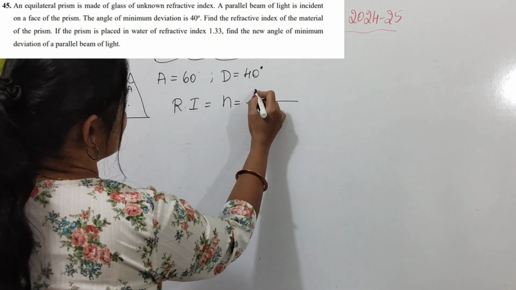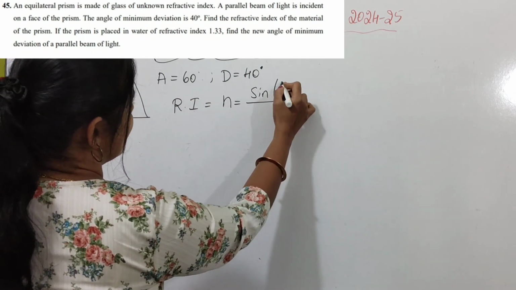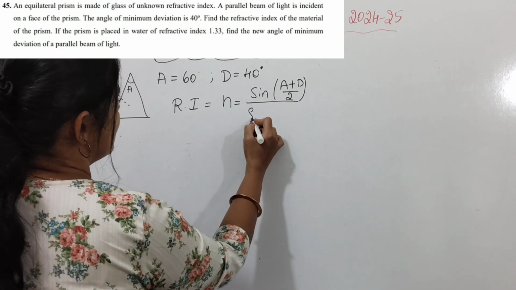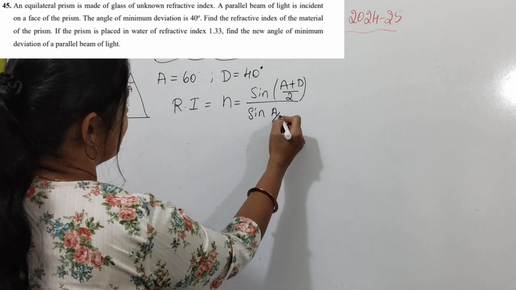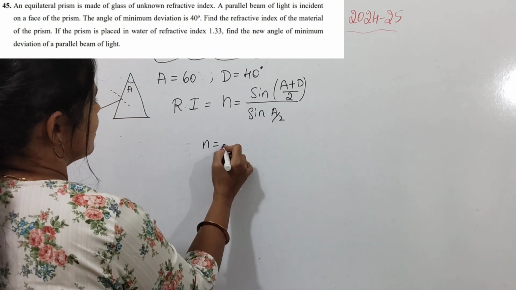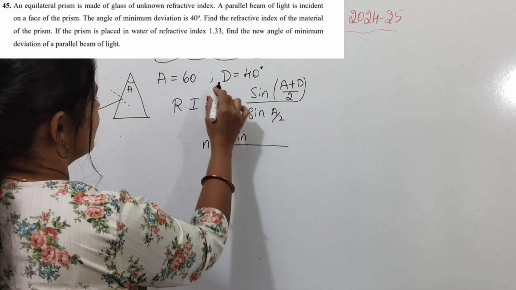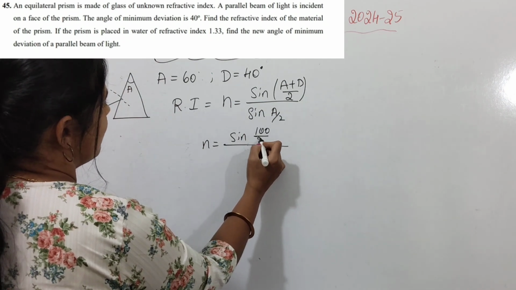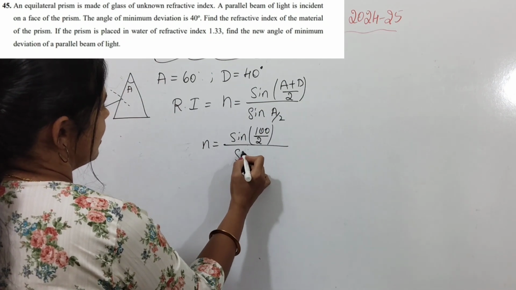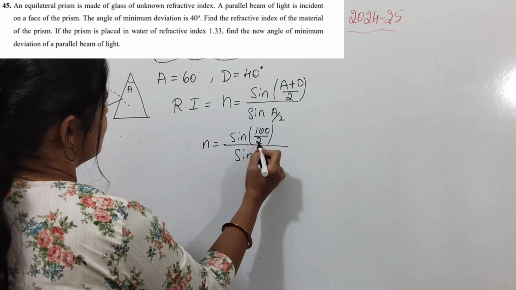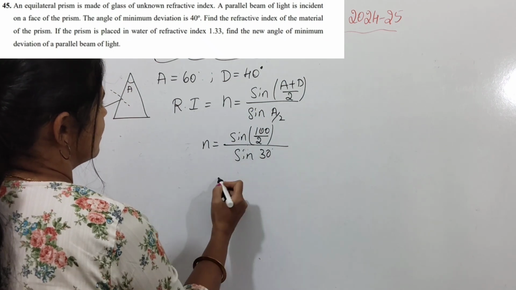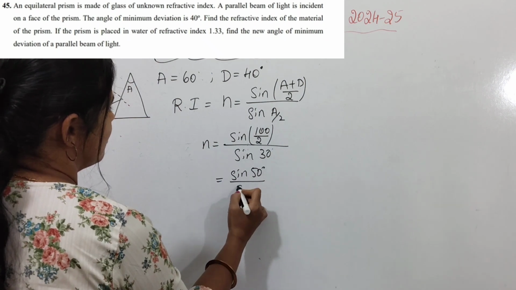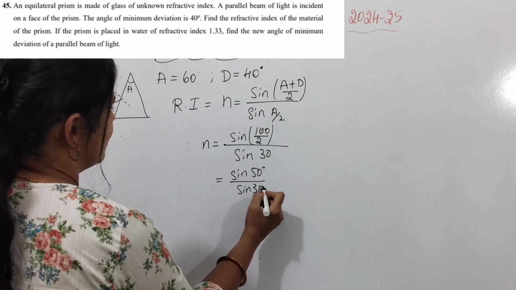It is sin((A plus D)/2) divided by sin(A/2). So refractive index is sin of (60 plus 40)/2, that is 100 by 2, divided by sin of 60 by 2, which is 30 degree. So sin 50 divided by sin 30 degree.